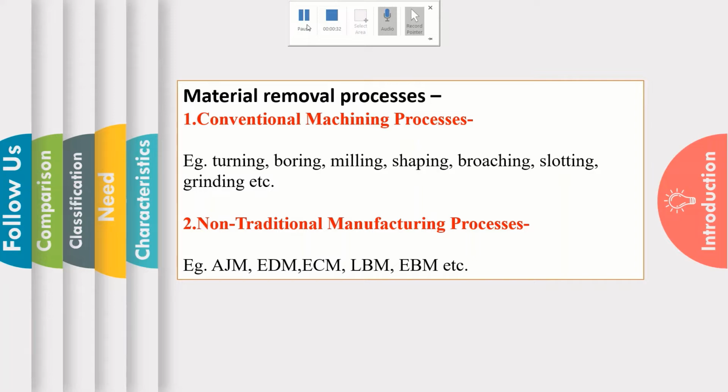Examples of these non-traditional processes are abrasive jet machining, electrical discharge machining, electrochemical machining, laser beam machining, etc. Now we'll go to the characteristics of traditional machining processes and non-traditional processes.